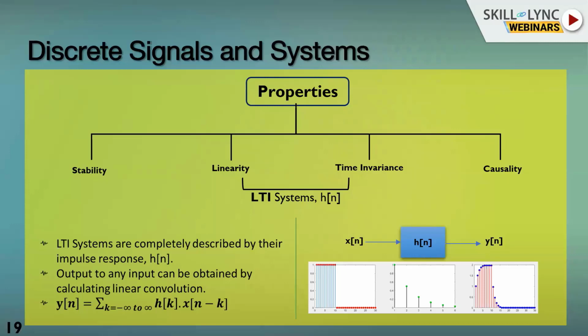since the input-output relation is given by the convolution operation, which I have shown here. This is the convolution operation through which we can know the output of an LTI system. This relation holds only for LTI systems, and that is why the requirement that the system has to be LTI is so important.